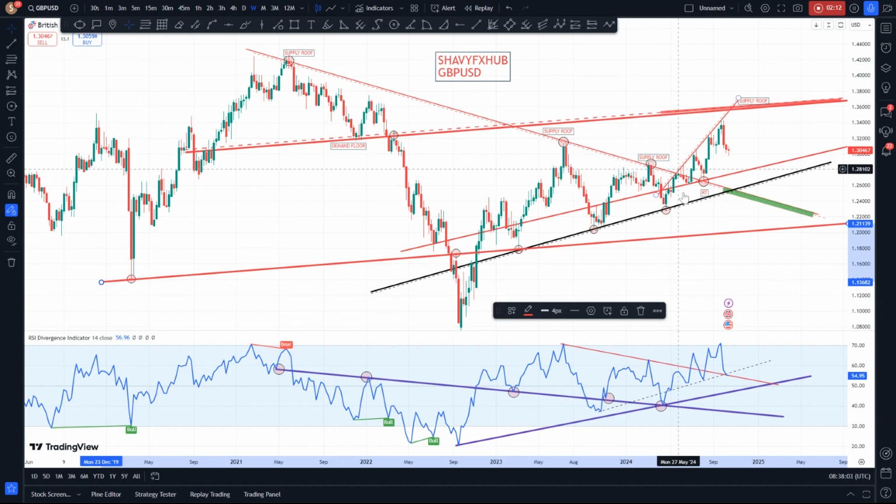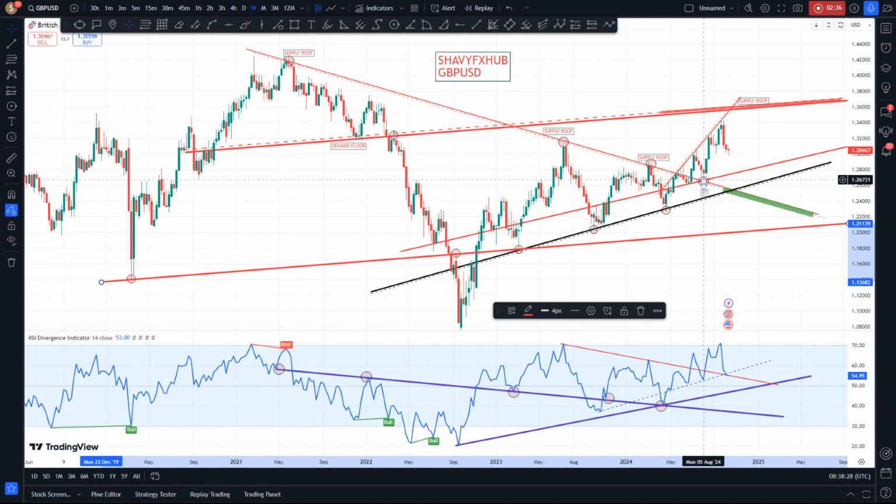And price came to it again in June, retested, and came to a small support structure, which we will explain later, and broke the supply roof to return as demand. So as at August, Euro is on demand.